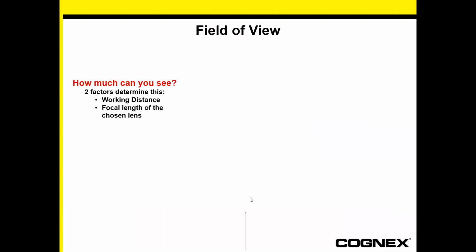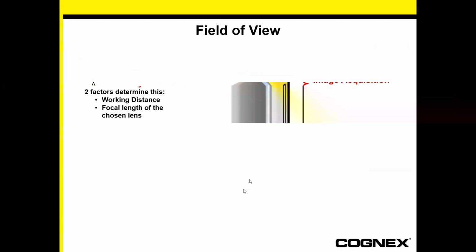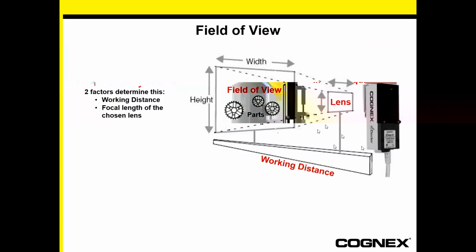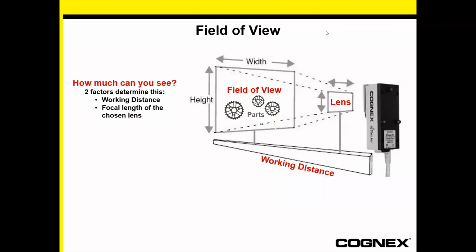So the first component that we look at is the field of view. How much can we see? There are two factors that determine this: the working distance, the distance your part is away from the camera, and the lens that we choose.